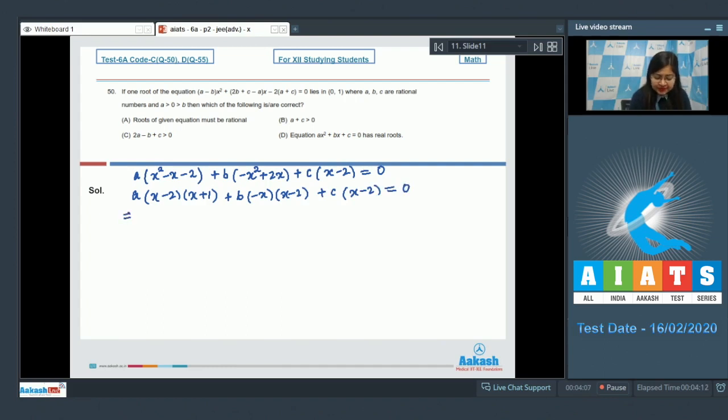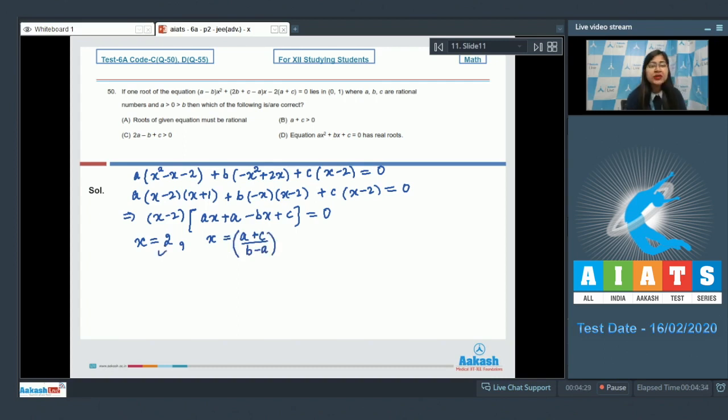So here we see that x minus 2 is a common factor. So we can write x minus 2 into (ax plus a minus bx plus c) is equal to 0. So x equal to 2 is one of the roots and the other root is x equal to (a plus c) divided by (b minus a).